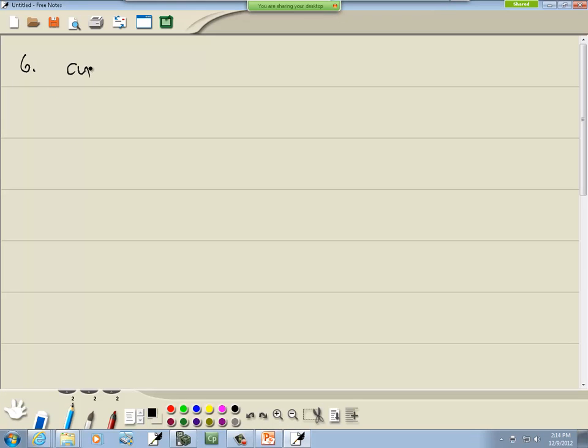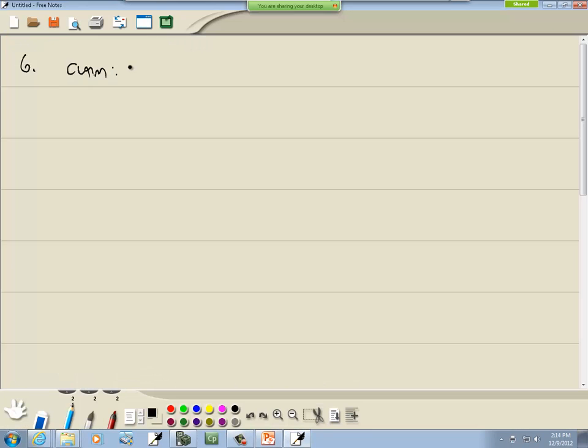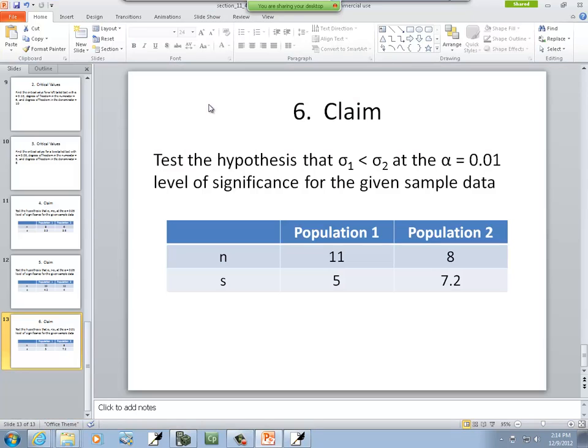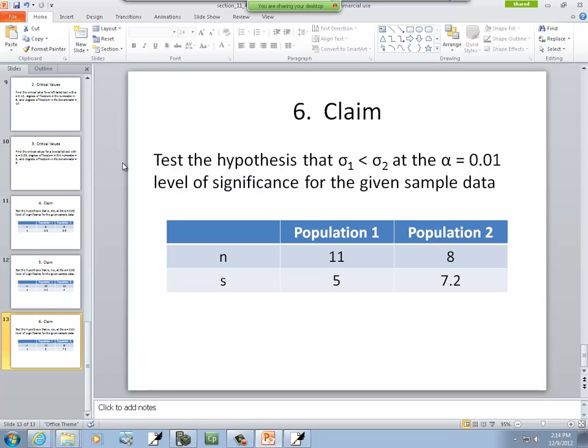Our claim: sigma sub 1 is less than sigma sub 2, at alpha equal to 1% for the given data.